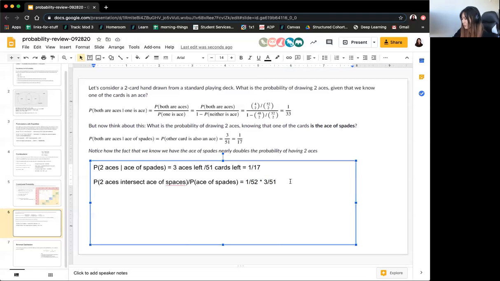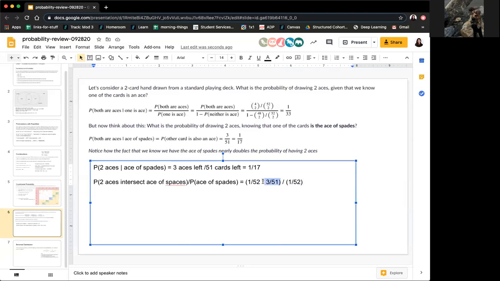Right. So with this, we're going to divide it by the probability of getting the ace of spades, which is, oh yeah, okay, so this one works out. It's the probability of getting the ace of spades again. You can see that the 1 out of 52 part cancels out. Okay, yeah.